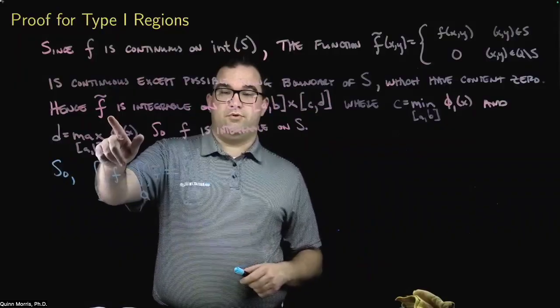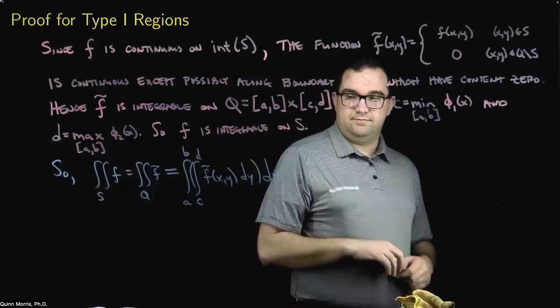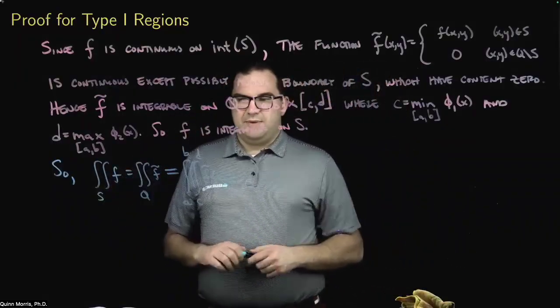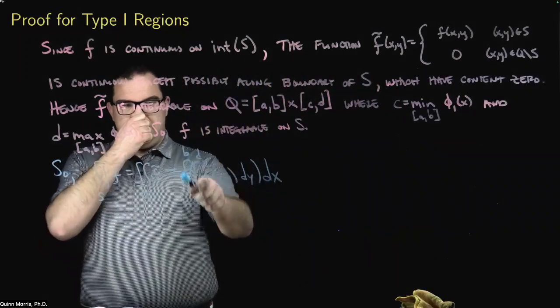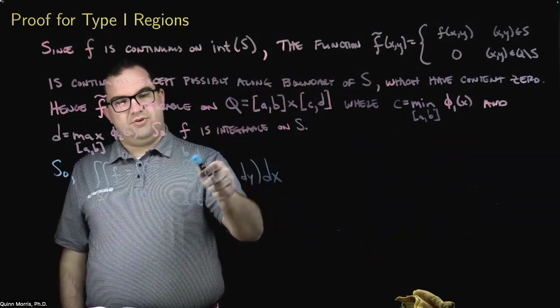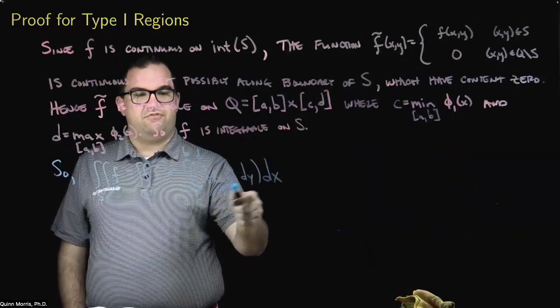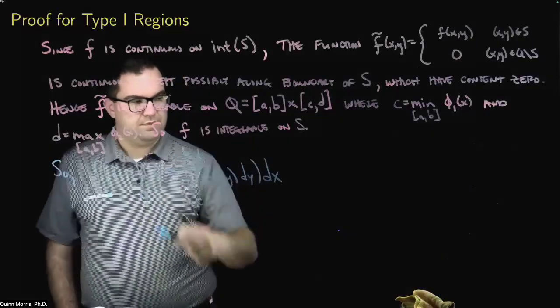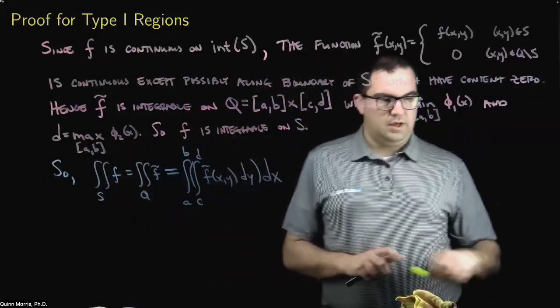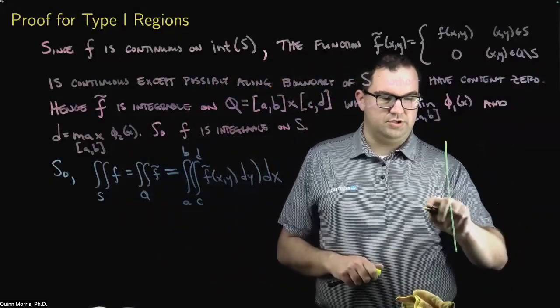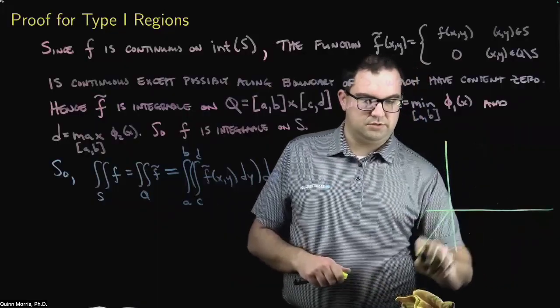Well, the first was I needed f tilde to be integrable. I've got that, check. The second piece was that I needed to know that this existed for each fixed x.